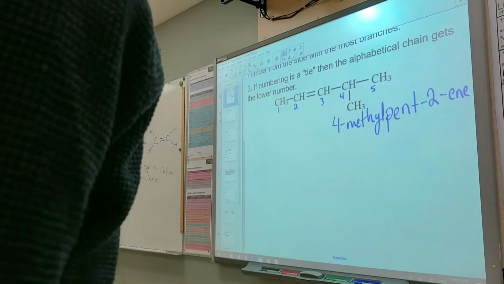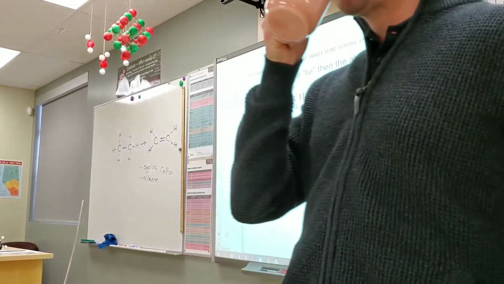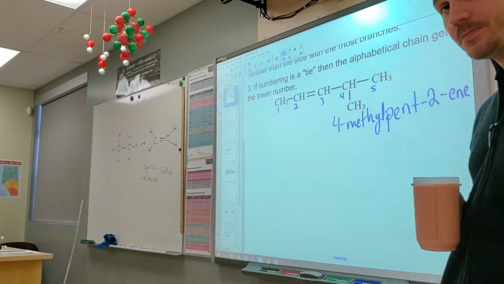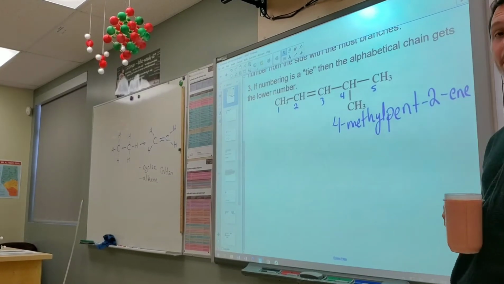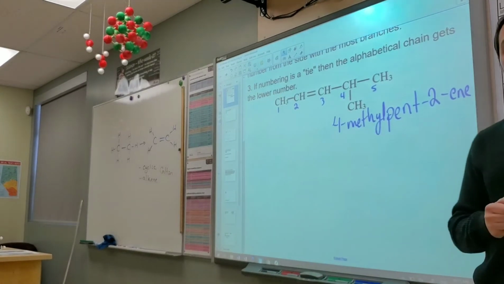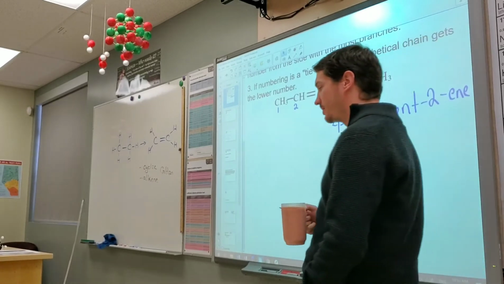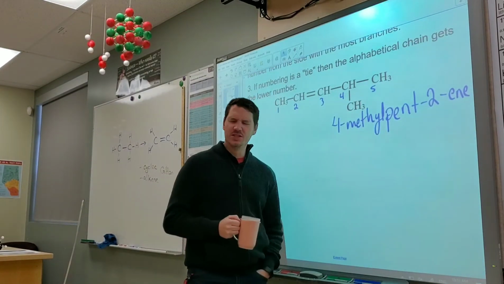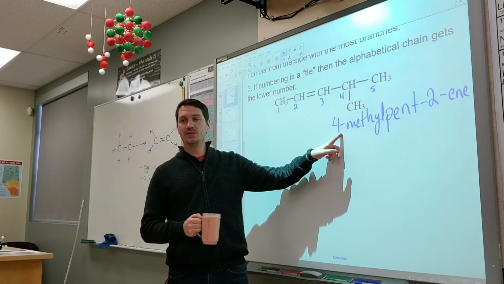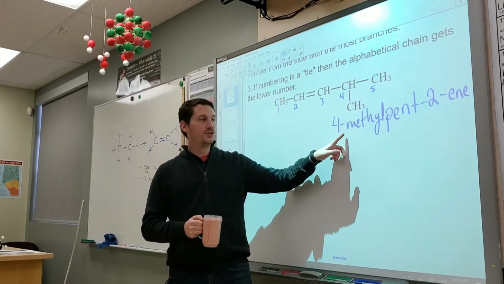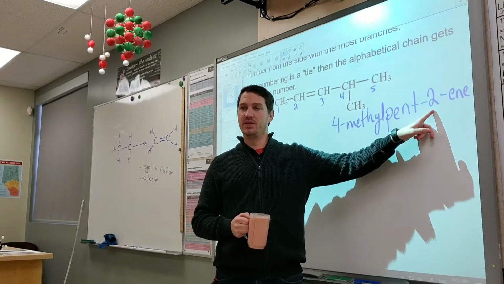Okay, so now, when we're naming regularly without any double bonds, we normally want the smallest number, right? So how come it's different, and how come we're not naming it from right to left this time? Because we have to make a decision. Do you want the branch to have the lowest number, or the double bond?